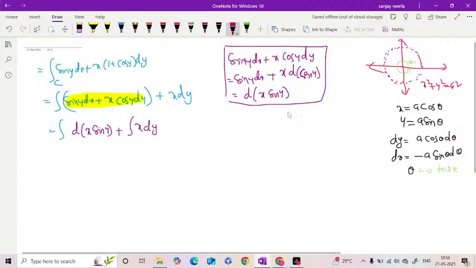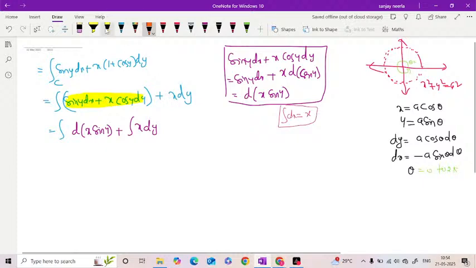Now according to the previous one, what is the integration of dx? Only x. Same concept here.